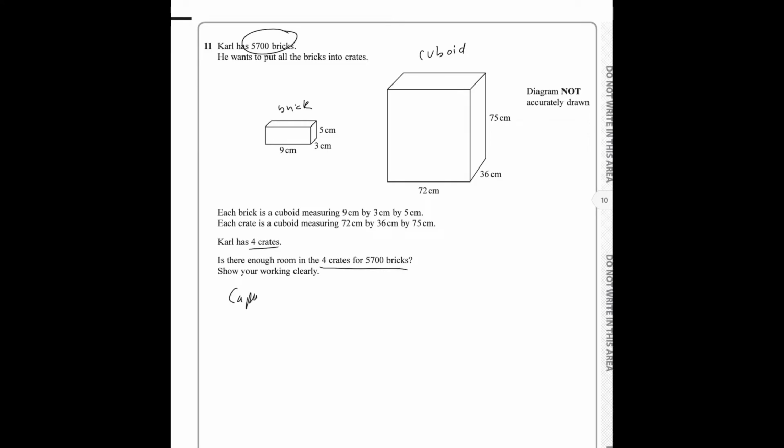For this 1 brick, you're going to do 9 times 3 times 5. This is the formula for volume, where the cross-sectional area is multiplied by the length and the depth. So the depth here is 3 centimeters, so this is about 135 centimeters. I think this is volume, right?